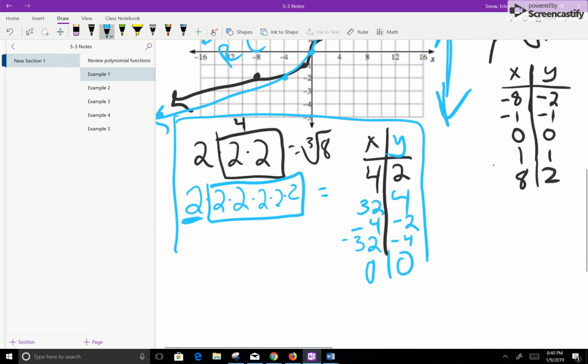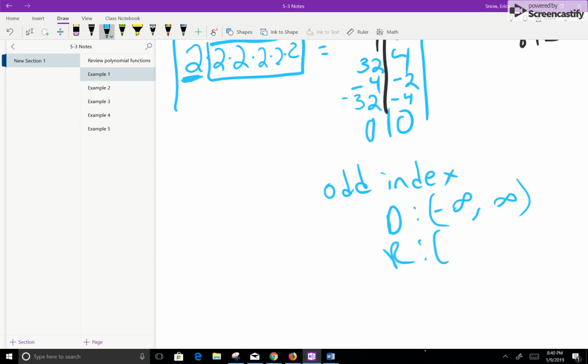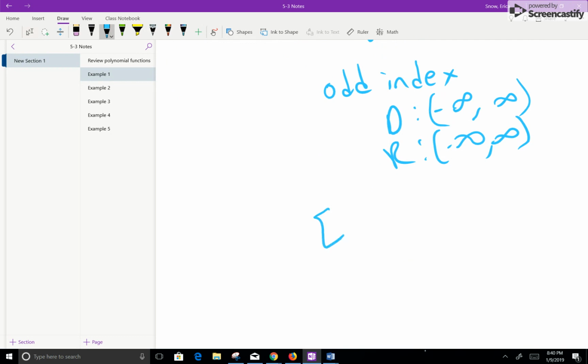With an odd index, your domain is negative infinity to positive infinity, and your range is negative infinity to positive infinity. But when you have an even index, your domain and range are determined by what's under the radicand.